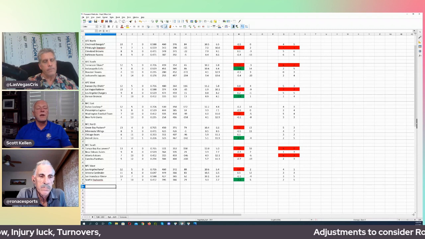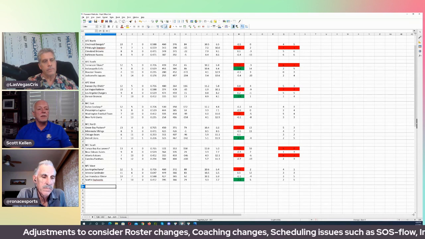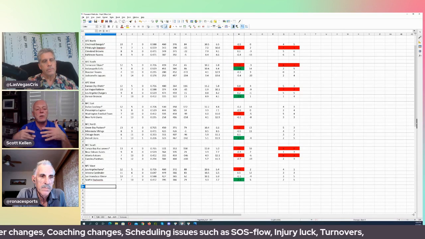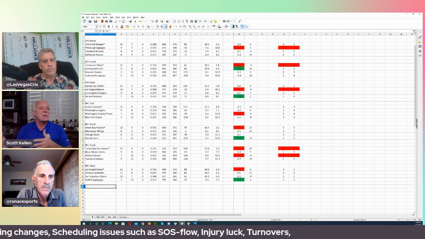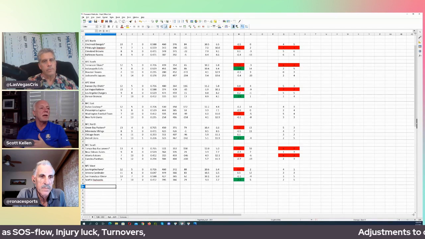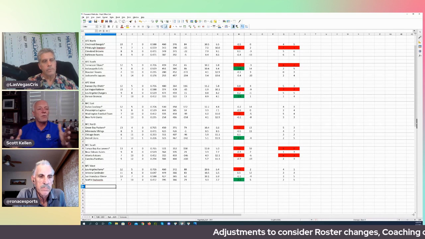One thing I'll mention with this Pythagorean too is you get late in the season, you can kind of use this. Now, I've never done a big study on it to know how profitable or unprofitable it is. But you get into weeks 15, 16, 17, you could take these numbers and start to apply them to lines potentially late in the season as well, because Ron said it very well.